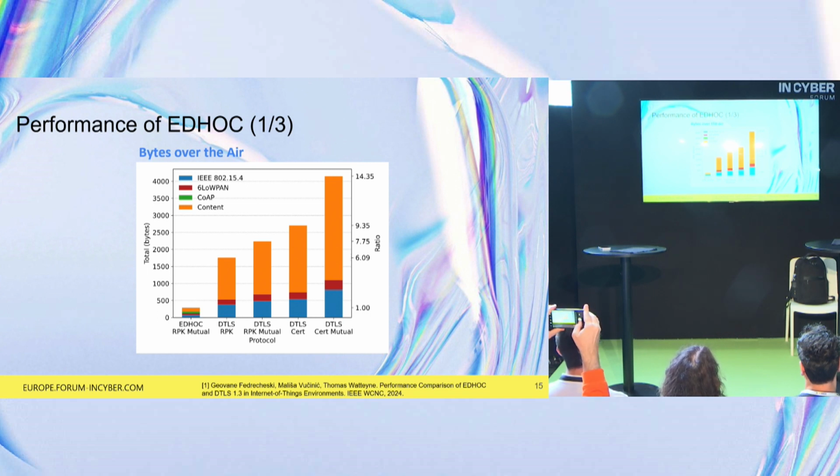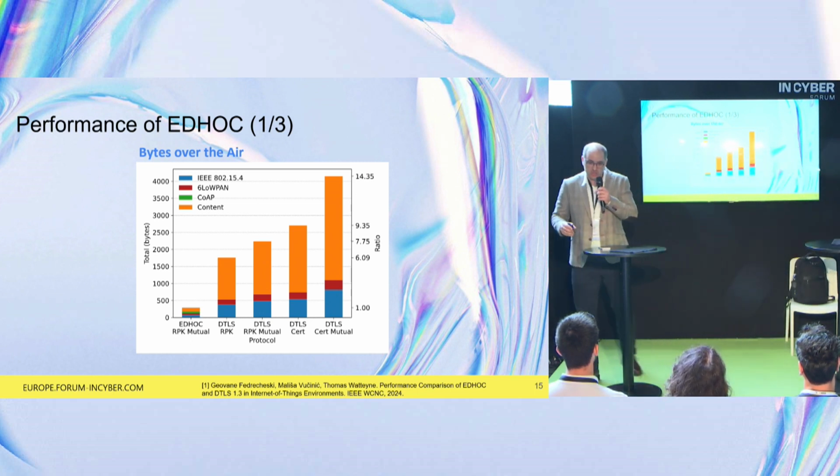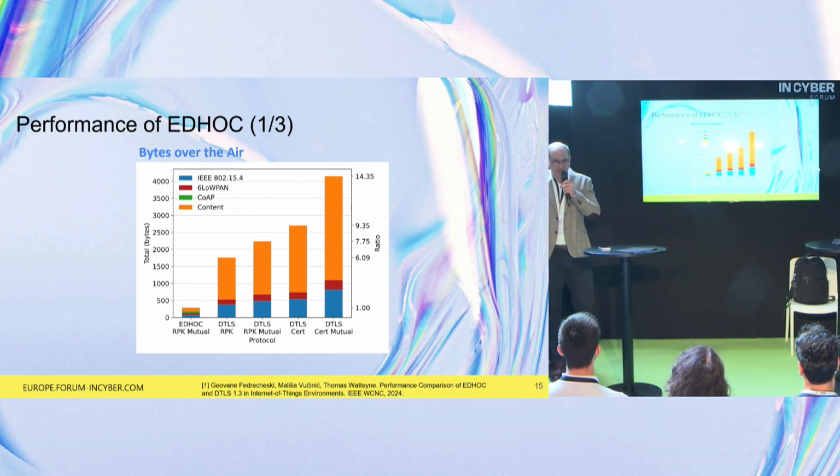This is a constrained radio at 250 kilobits per second, and it has a maximum transmission unit of 127 bytes. If any message in a protocol is larger than 80 or 90 bytes, depending on the IP headers that get into the packet, it gets fragmented, and there are multiple transmissions going on in the network.